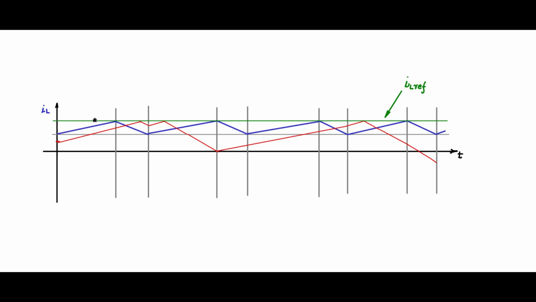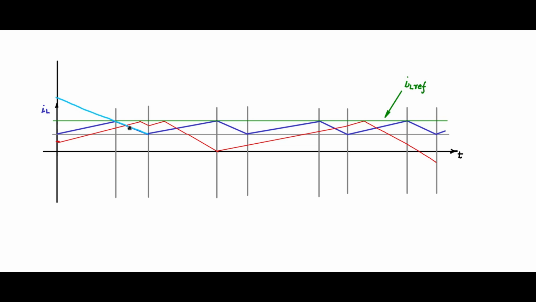Now let us try to change the shape of this IL reference line. Instead of being a straight flat line, let us introduce some slope. So I will extend this axis, and then draw a line having the same slope as the falling slope of the inductor.